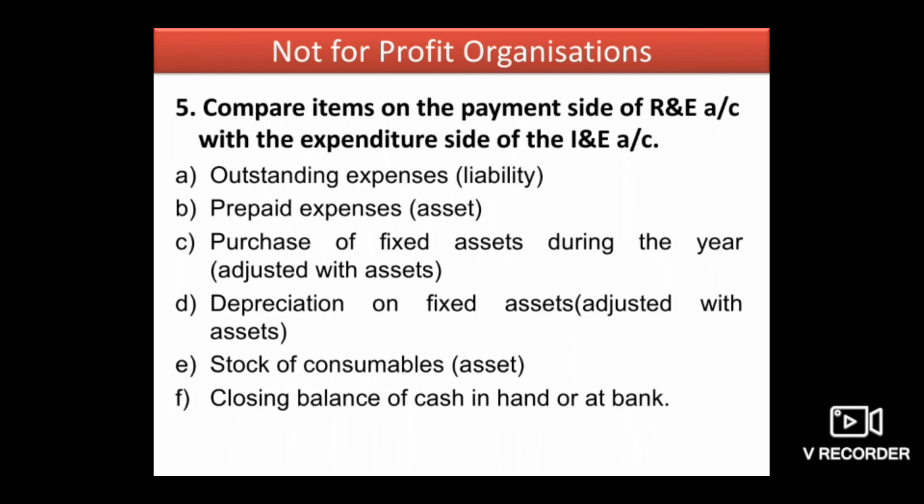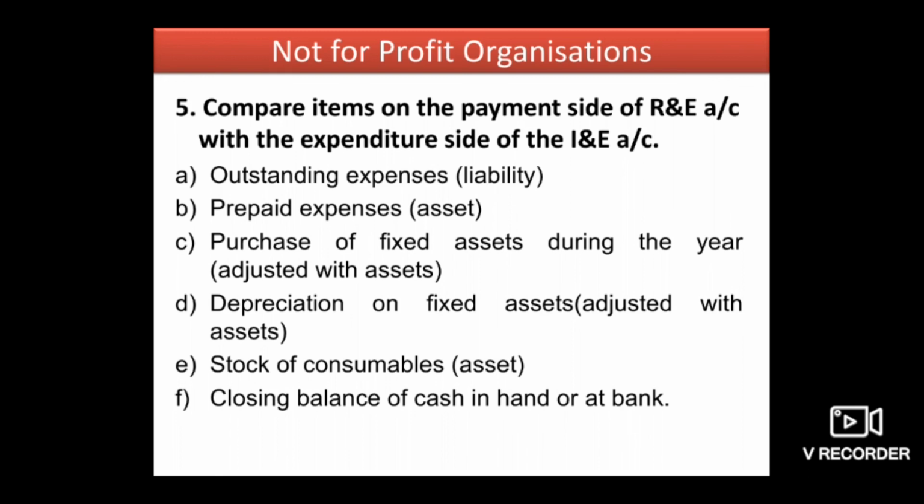The first one is outstanding expenses. Expenses incurred but not paid, that's a liability. Then prepaid expenses, the amount of any expenses that is paid in advance, that is an asset, that should be recorded on the asset side of the balance sheet.